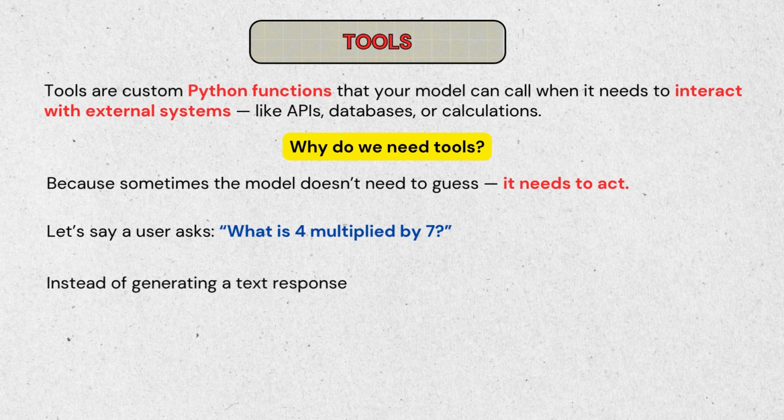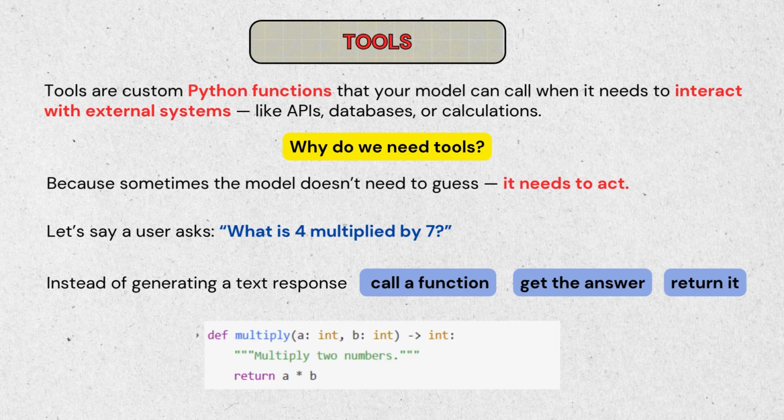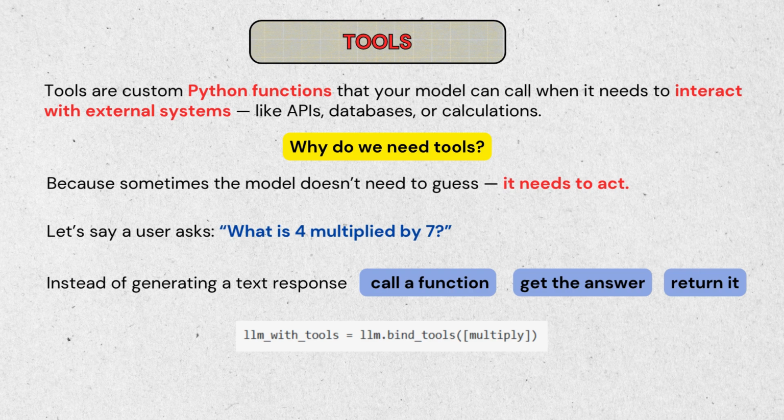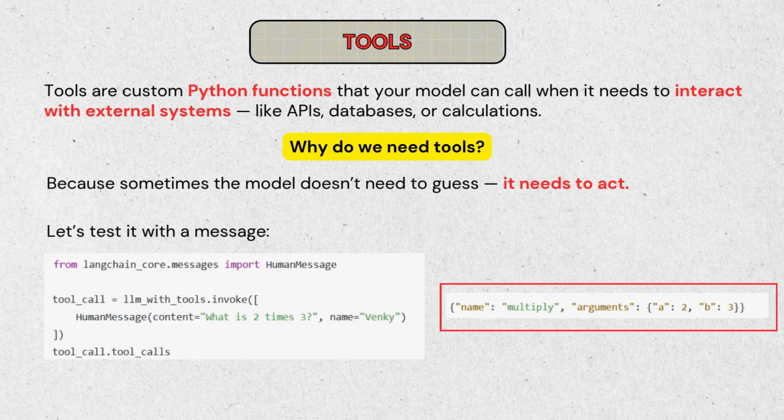Instead of generating a text response, the model should call a function, get the answer and return it. Here is the simple tool. Now we bind that tool to our model like this. Let's test it with a message. The model responds with a structured tool call, including the function name and arguments. The function is then executed and the output becomes part of the response.